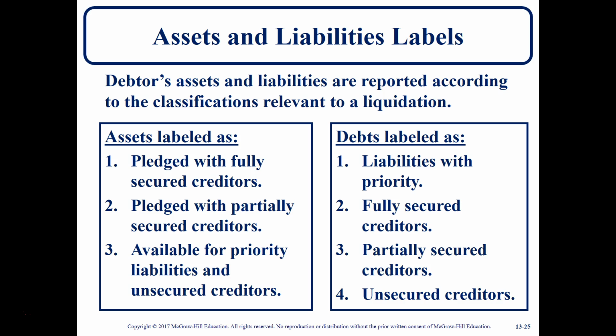So we're going to now change the assets and liabilities section of the financials to show assets labeled as pledged with fully secured, pledged with partially secured, available for priority liabilities, and unsecured creditors. The debts will be labeled as priority, fully secured, partially secured, unsecured.